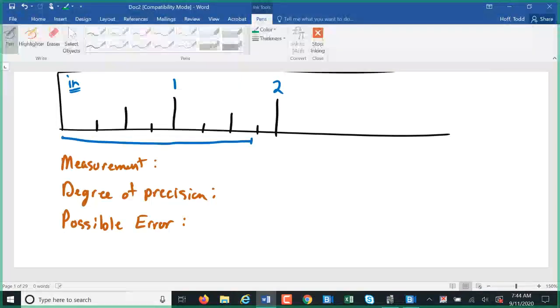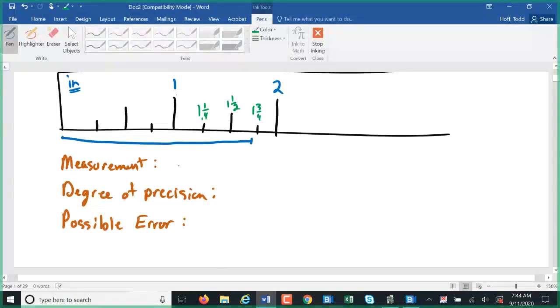Well, my spacings here aren't very even, but you can tell by the markings that those are marked off to 1/4 of an inch. This is 1 1/4, 1 1/2, 1 3/4, and it is closest to the 1 3/4 inch. So the measurement would be 1 3/4 inches. The degree of precision of this measuring device is the smallest division.